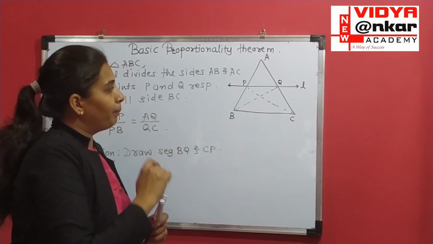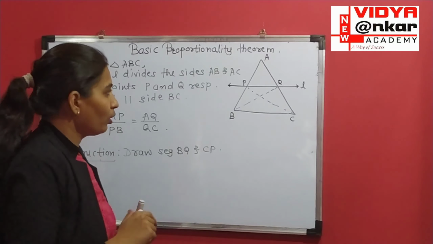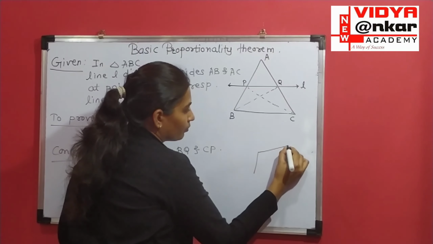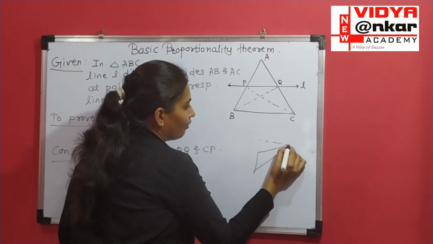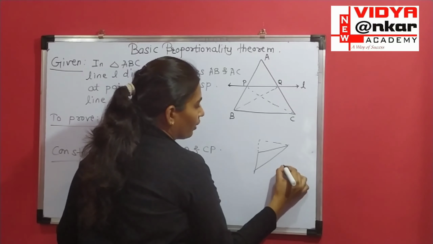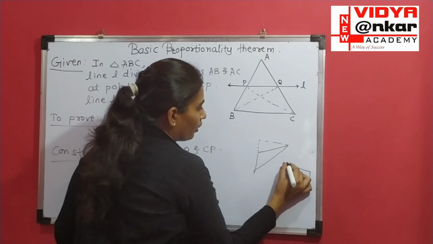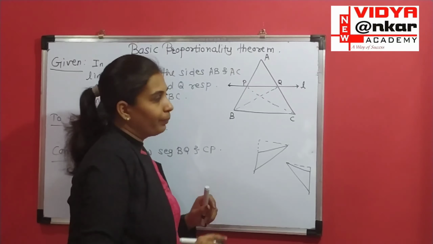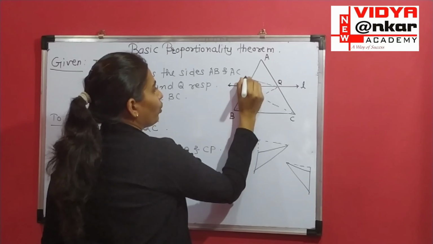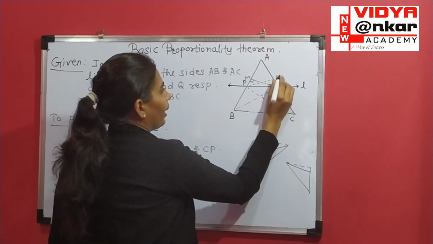Students, these BPQ and CPQ are obtuse angle triangles. So if it is an obtuse angle triangle, then its height will be like that. And this will also be an obtuse angle triangle, so its height will be like that. So I can draw a perpendicular QM and a perpendicular PN.